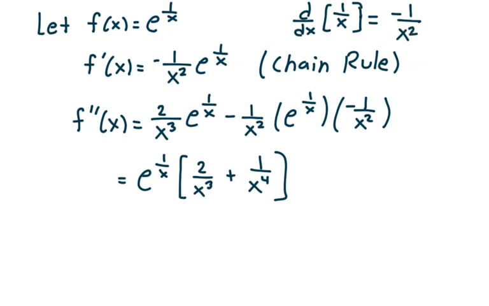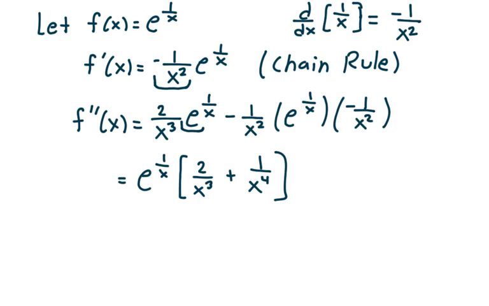Okay? Now, take the second derivative, and I thought maybe it would be a bit easier to apply the product rule. So I took the derivative of negative 1 over x squared and got 2 over x cubed, and then I multiplied by e to the 1 over x.